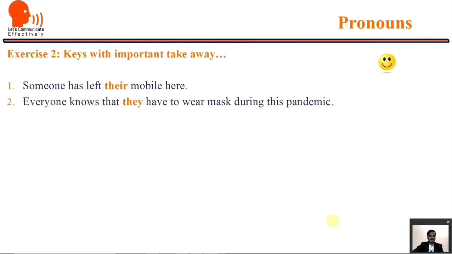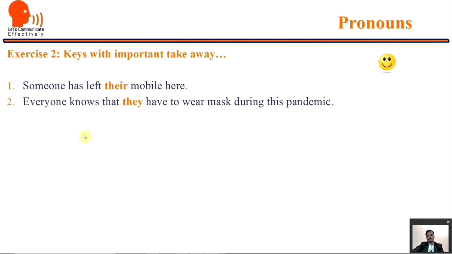I'll explain. Everyone knows that they have to wear a mask during this pandemic. Now, let me tell you, you must have observed that if your friend changes their phone number on WhatsApp, you get a message that Mr. XYZ has changed their phone number, their contact number. Why is their used there?